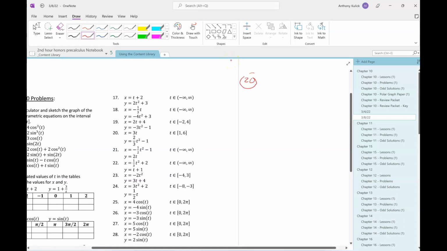So here it says eliminate the parameter and find the domain and range of the resultant function. So we'll start by isolating the t in the x equation. And then we'll take that equation in terms of t and substitute it into the y equation.